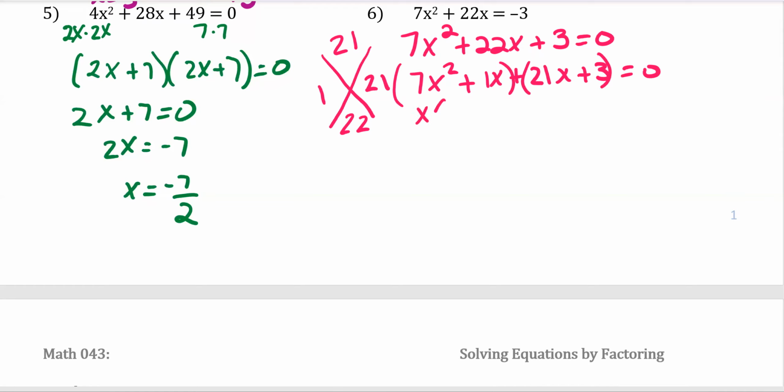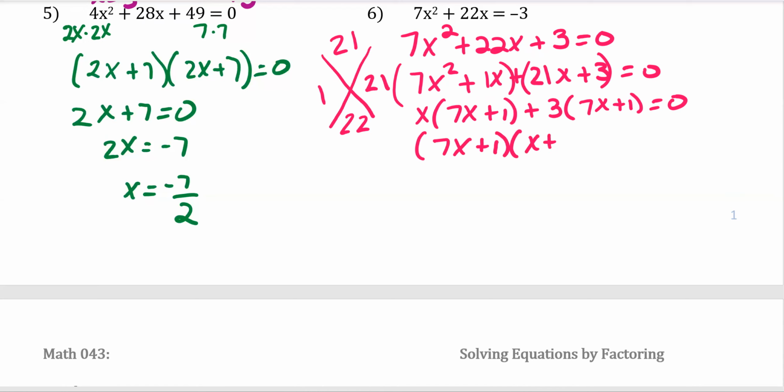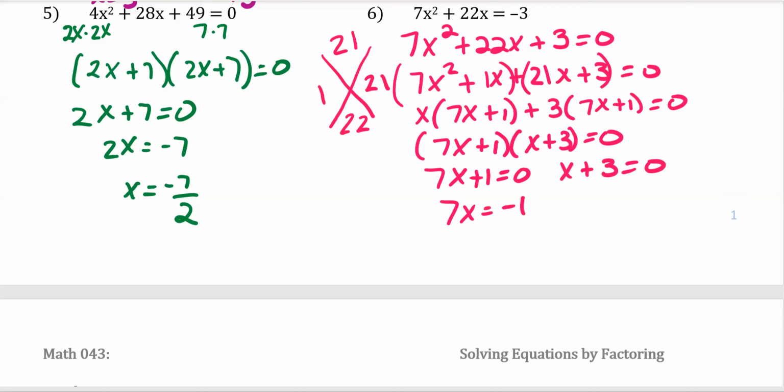Factor out the greatest common factor. And set both of your factors equal to 0. Subtract 1 from both sides and divide by 7. And subtract 3 from both sides. If you use the slide and divide method on number 6, you'll get the same factors and you will get the same answer.